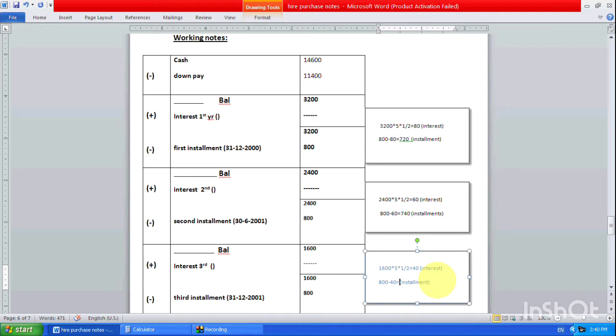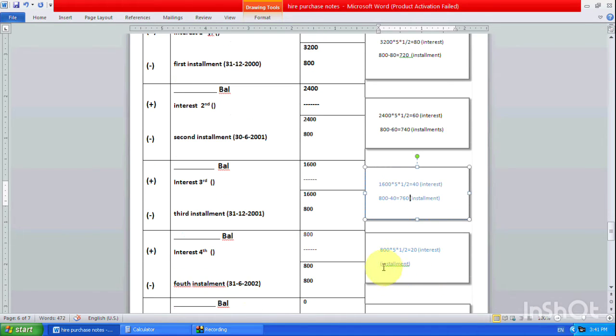For the fourth installment, 800 minus 20 is equal to 780. This is the way we have to solve the working note.